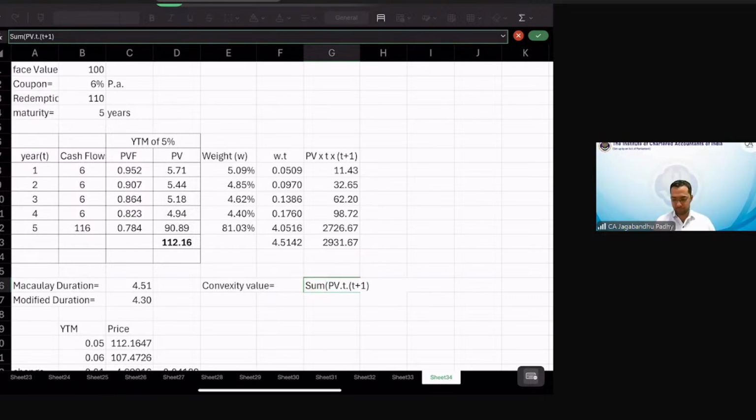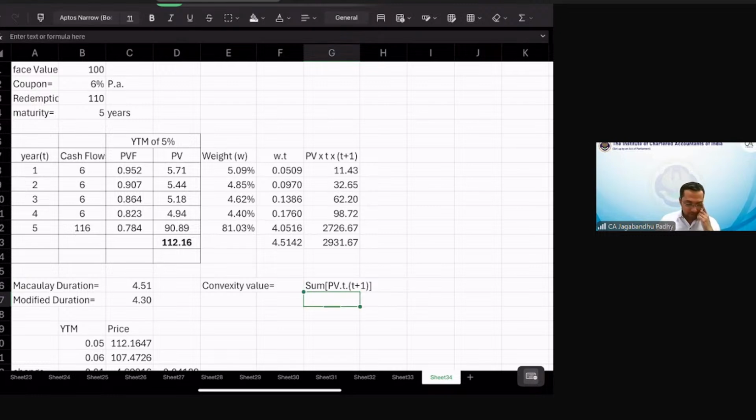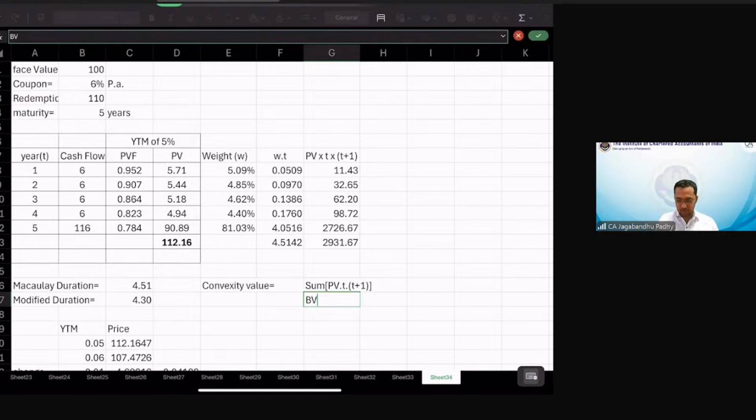Okay. Sum of PV into T into T plus 1 divided by the bond value, right? Bond value multiplied by 1 plus YTM square.